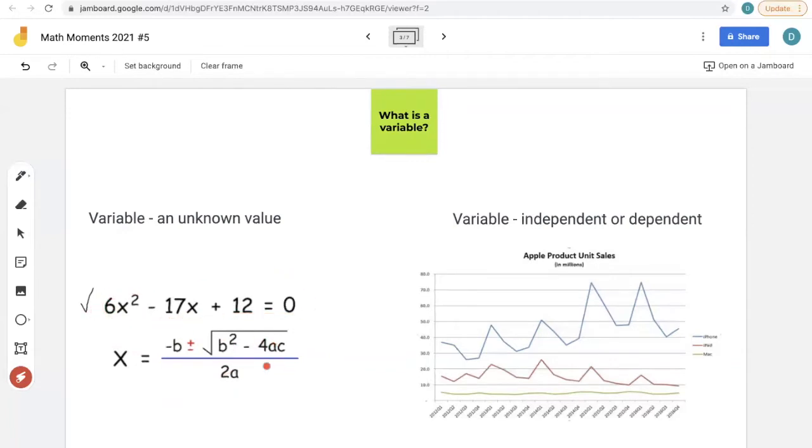We also have variables that are independent and dependent. Now, this is mainly applicable to collecting data. And so I put a graph here that shows us Apple product unit sales in millions. So basically these lines kind of follow the sales in the data there.